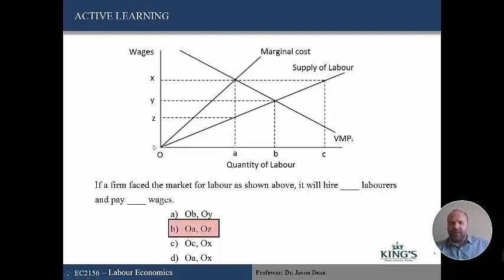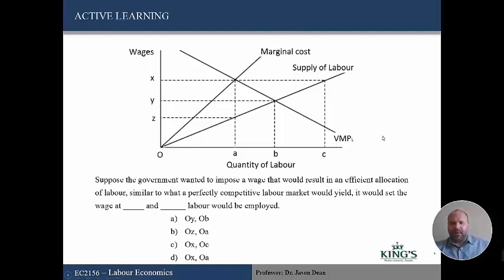OA and OZ. Okay, same diagram, but another question. Suppose the government wanted to impose a wage that would result in an efficient allocation of labor, similar to what a perfectly competitive labor market would yield. If that's true, it would set the wage at what, and how much labor would be employed?